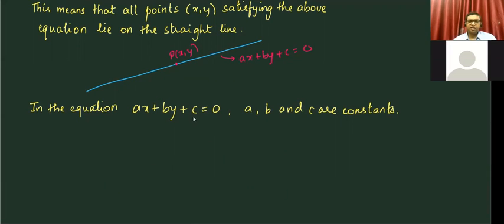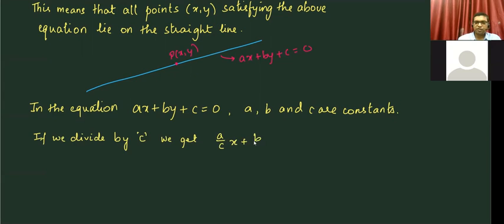We can divide the whole thing by c and get (a by c)x plus (b by c)y plus 1 equal to 0, or we can write this as Ax plus By plus 1 equal to 0.